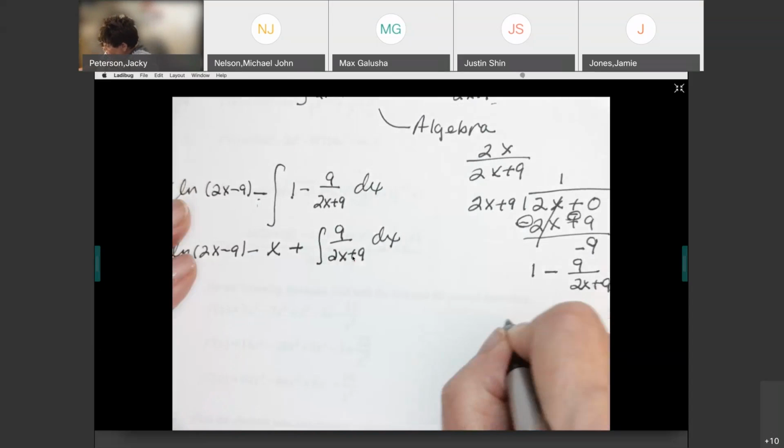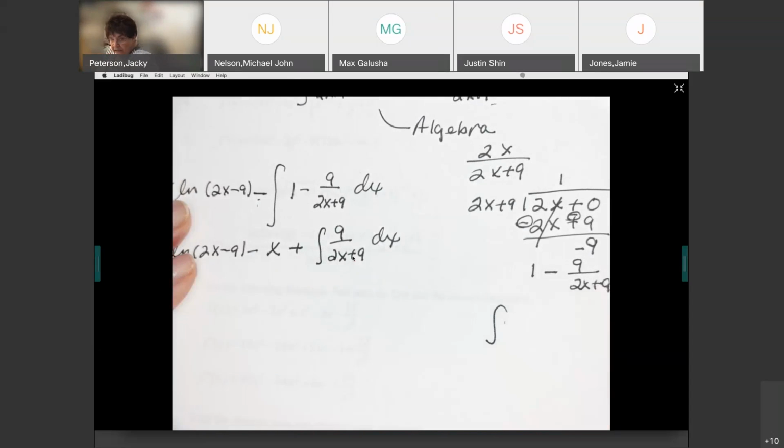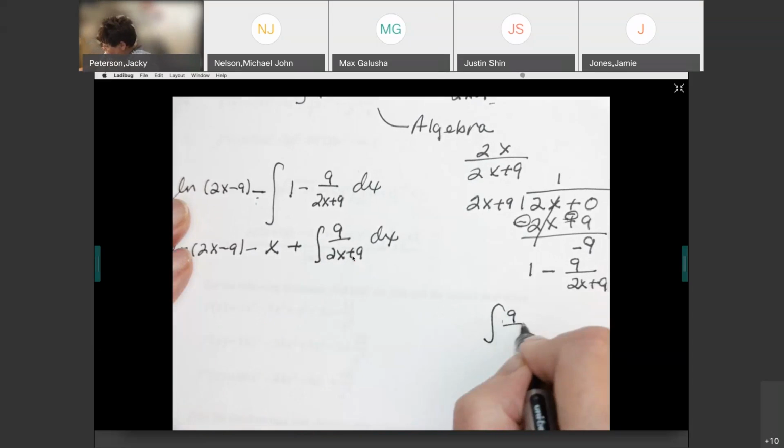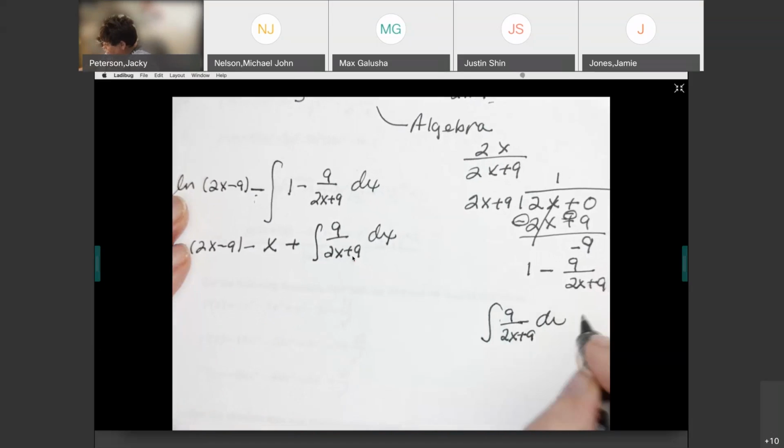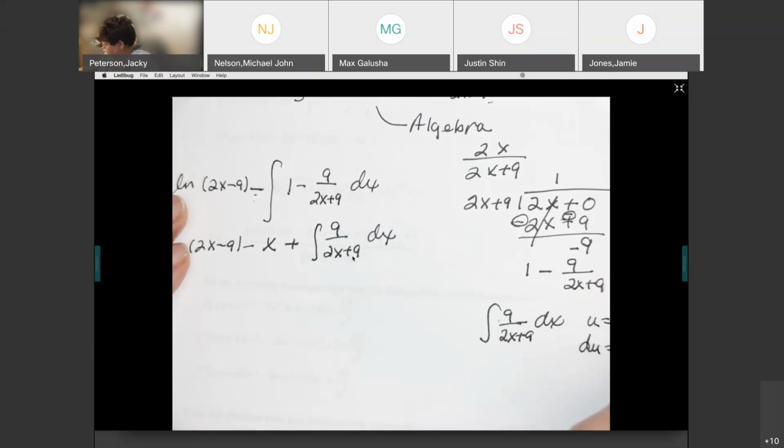Because if I look to the side, the integral of 9 over 2x plus 9 dx, u is 2x plus 9, du is 2 dx, or 1/2 du is dx.